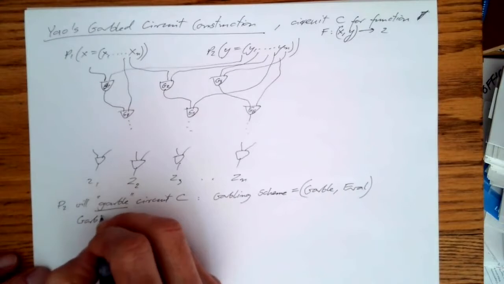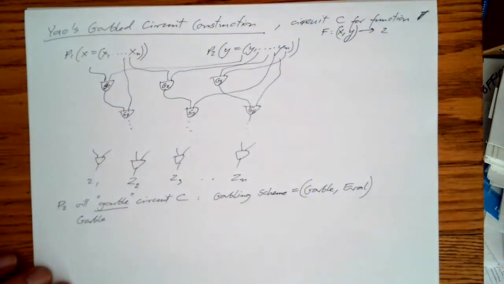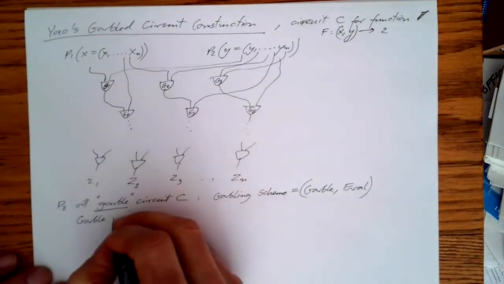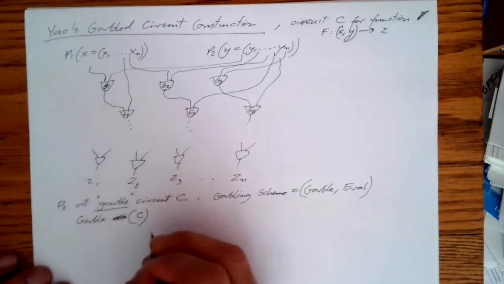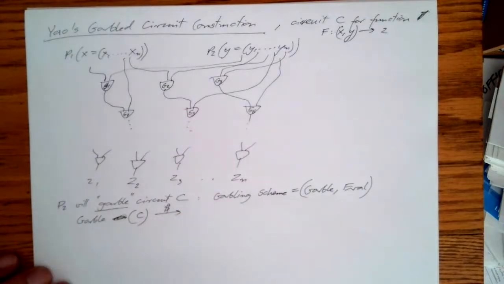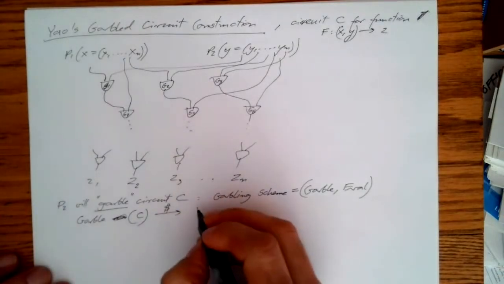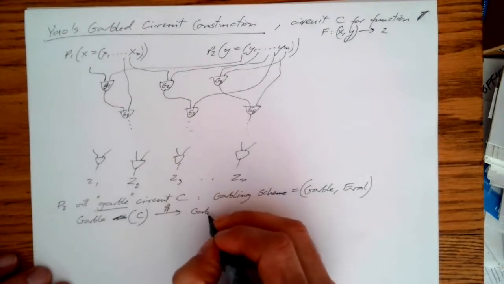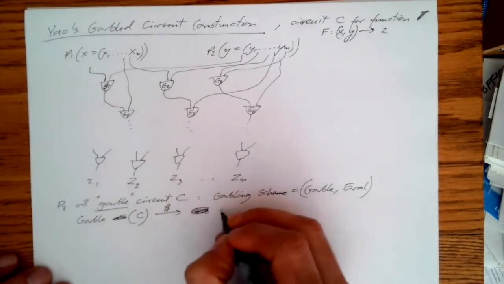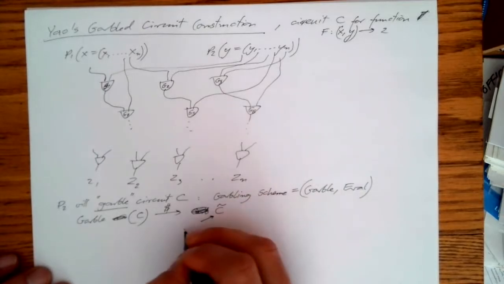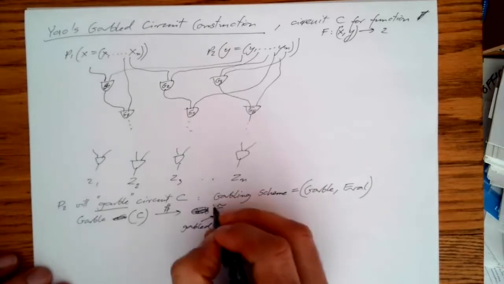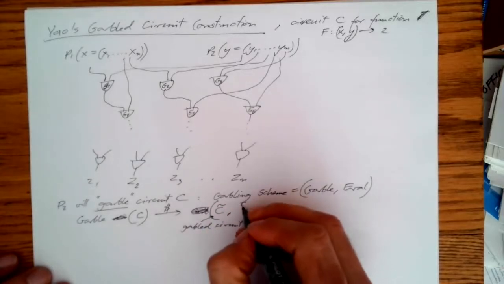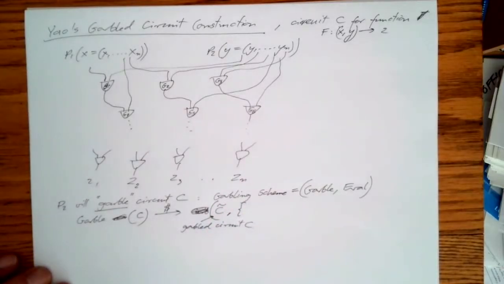The algorithm garble takes a circuit, and it's a randomized algorithm, and it creates two things. The garbled circuit C, okay? And a set of garbled inputs.